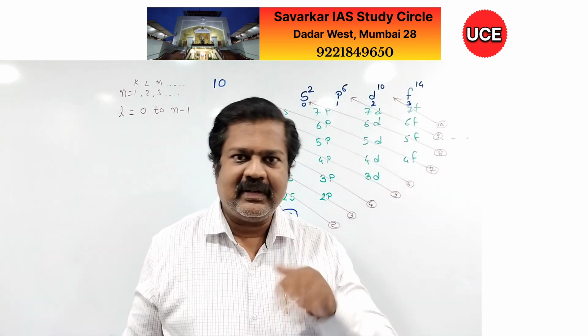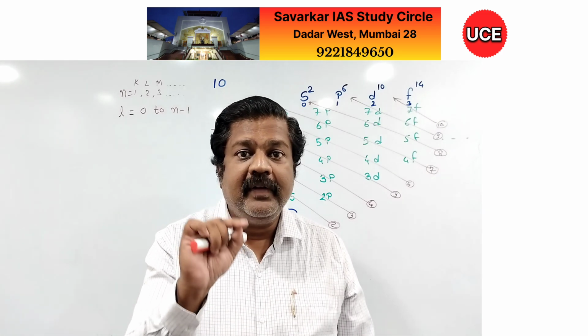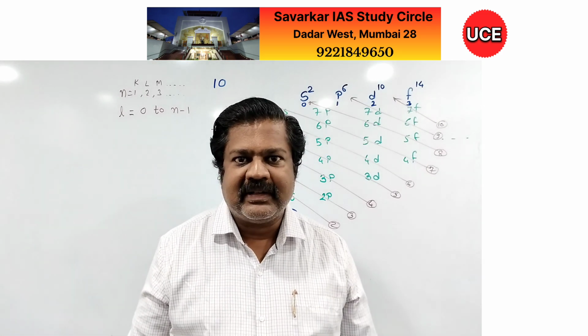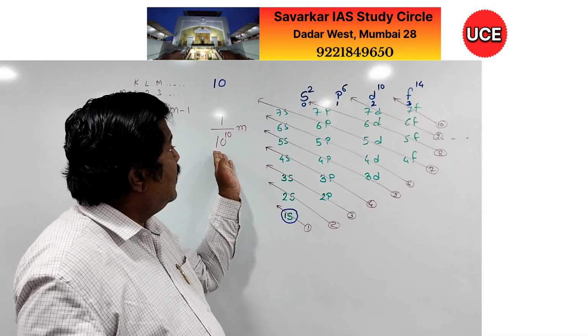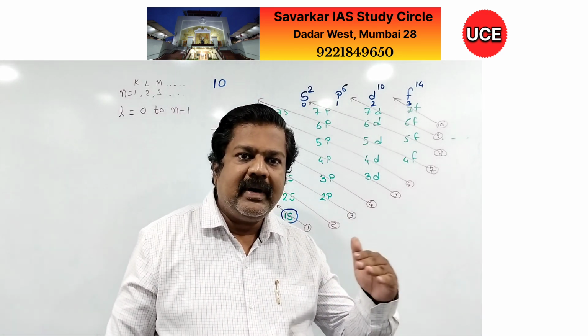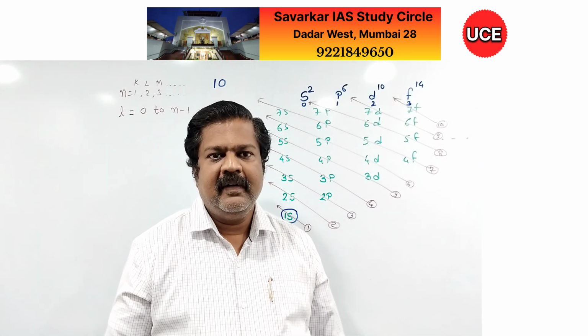Not that slow, but yes, let us imagine. So the electron will cover 2 lakh kilometers within 1 second. But the available space is 10 to the power of minus 10 meter, or less than that. So a tiny space is available.